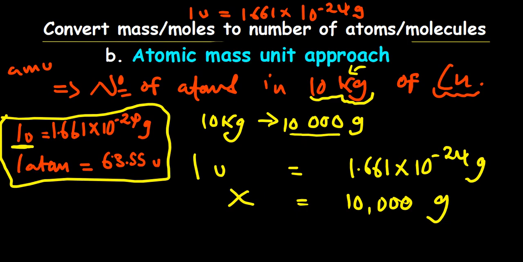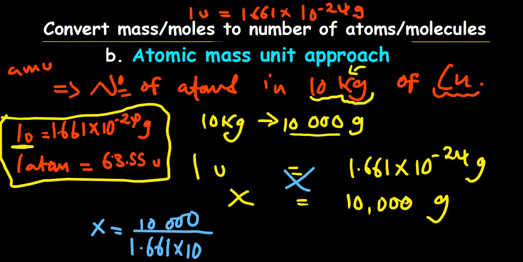You cross multiply, so you are going to have X multiplied by this number, equals 10,000. So X will simply be 10,000 divided by 1.661 times 10 to the power minus 24.